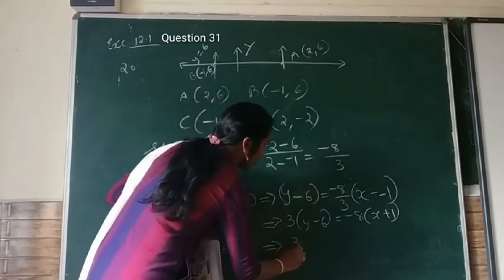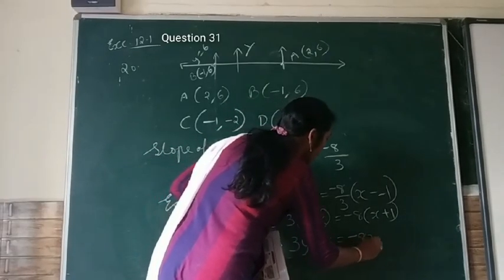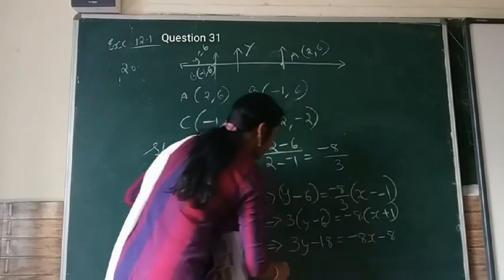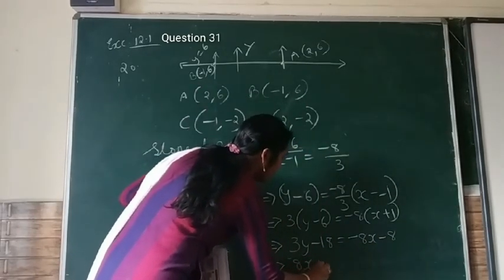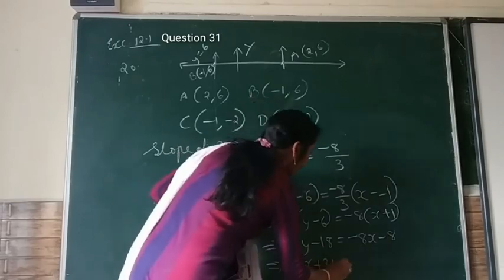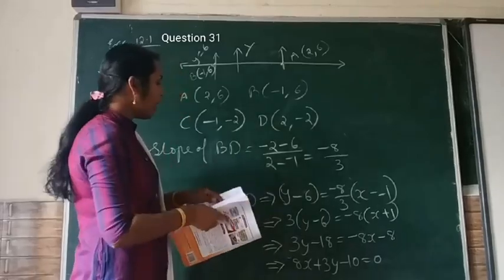That is 3y minus 18 is equal to minus 8x minus 8. Further simplification, we get 8x plus 3y minus 10 is equal to 0. So this is the equation of the diagonal BD.